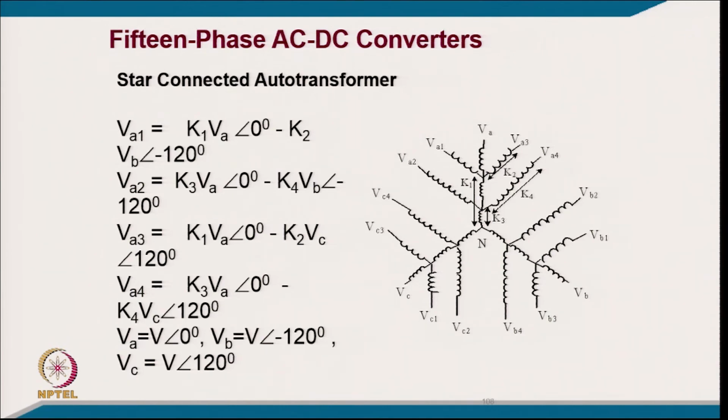15 phase means typically 360 by 15, so it will be typically 24° from one to another, and with this fork connection you can get the phase shift of plus minus 24°.